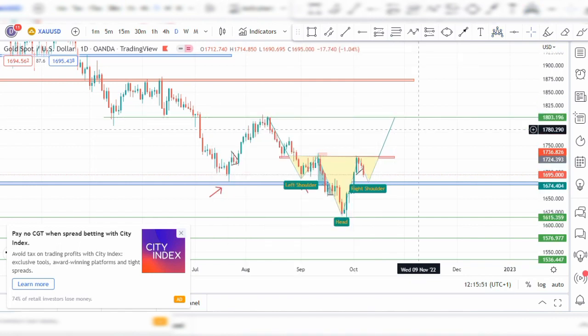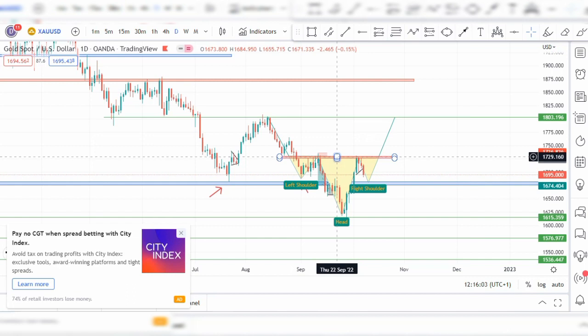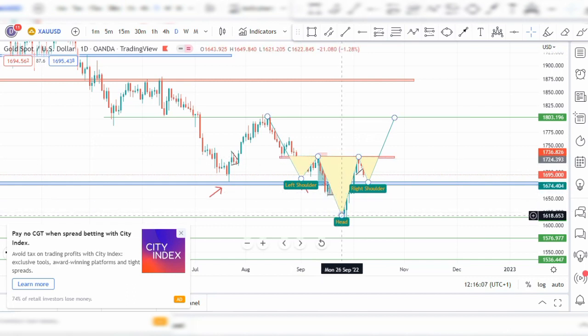All right. Usually the distance between the neck and the head is our target profit. So if the distance here is say 1730 and here is 1615, we're looking at 115 or about 1,015 pips really on that move.